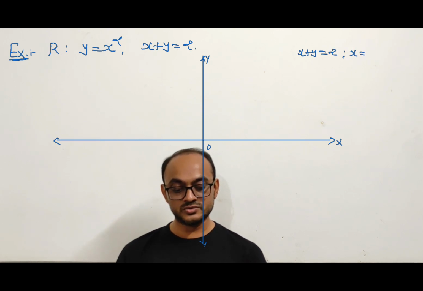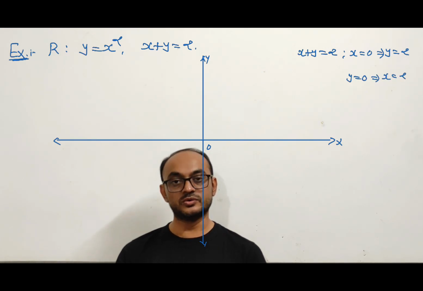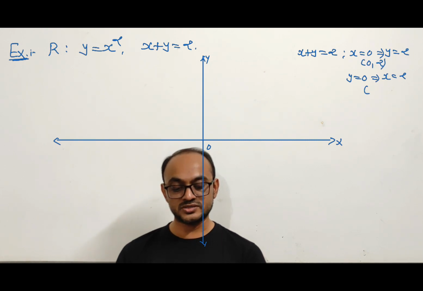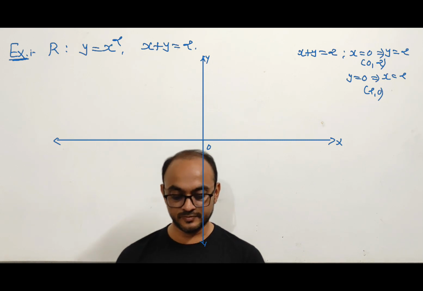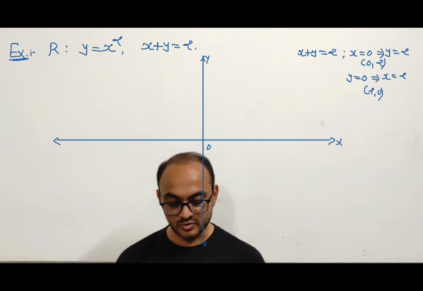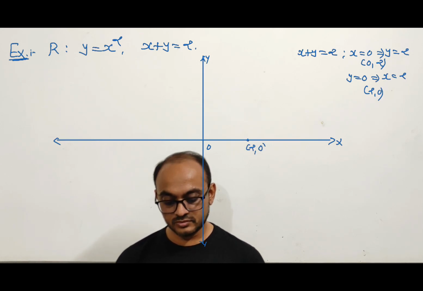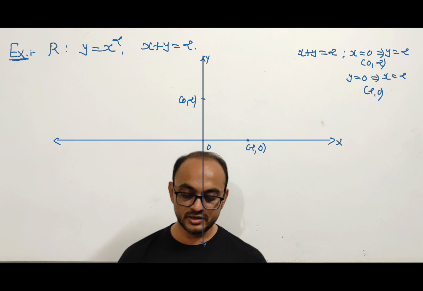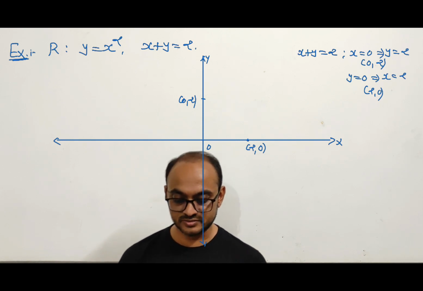See, when x is equal to 0, what is y? It is 2. When y is equal to 0, then what is x? X is equal to 2. So the line is passing through these 2 points, 0, 2 and 2, 0. So say this is the point 2, 0 and this is the point 0, 2. Then the line is passing through these 2 points.